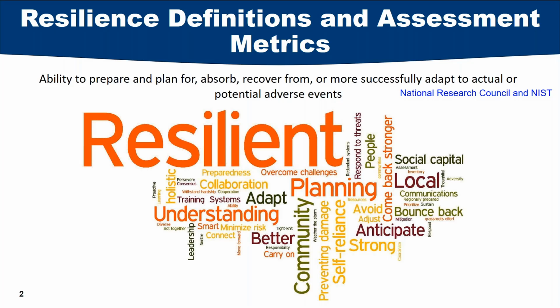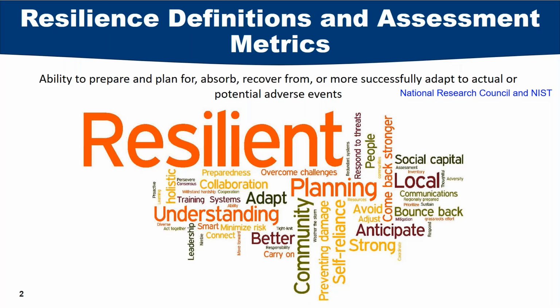There is a cloud image here from literature showing how often those keywords are mentioned. You can see on the screen resilience, community, planning, anticipation, bounce back, social capital, etc.